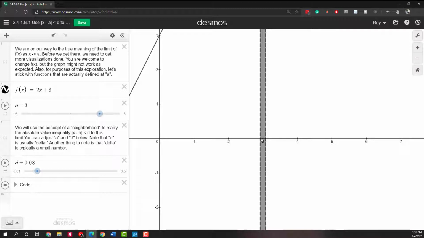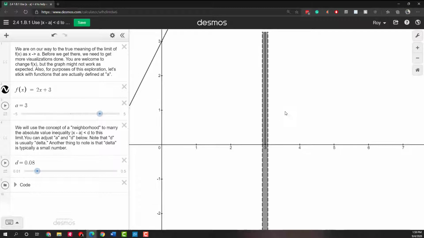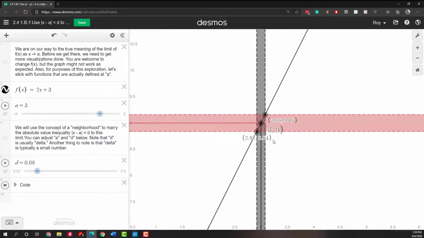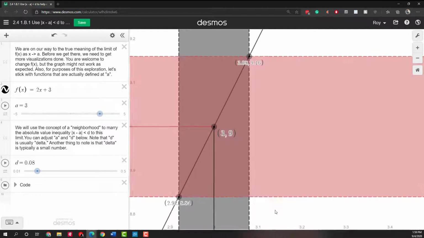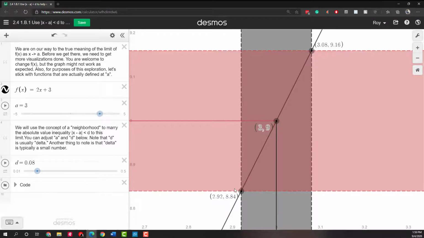I really mean the x values on the x-axis from the gray area. All those x values lead to y values on this curve within this red band. All these points correspond to x and y ordered pairs for this function, and the y values land within this red band.